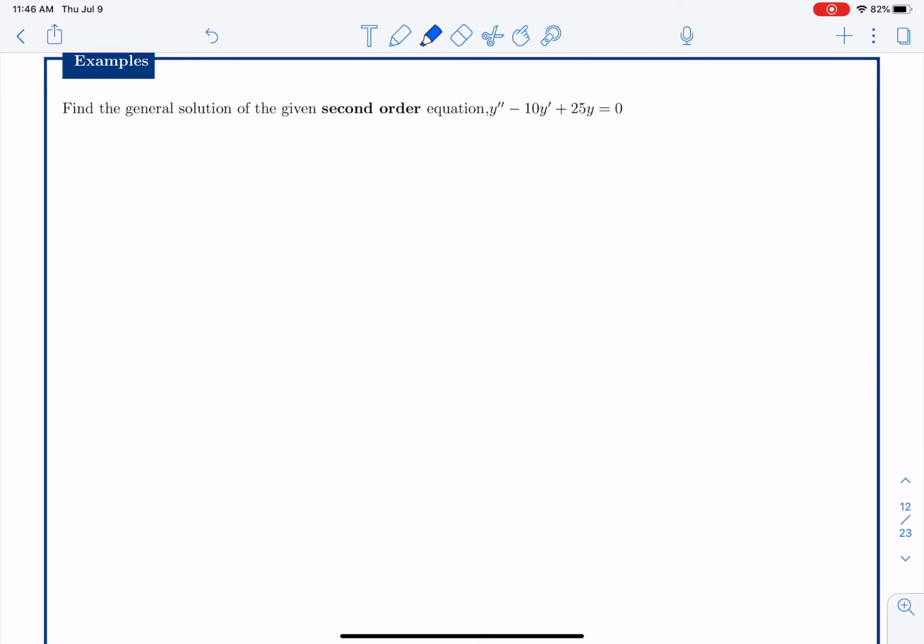And this is a real repeating roots case.